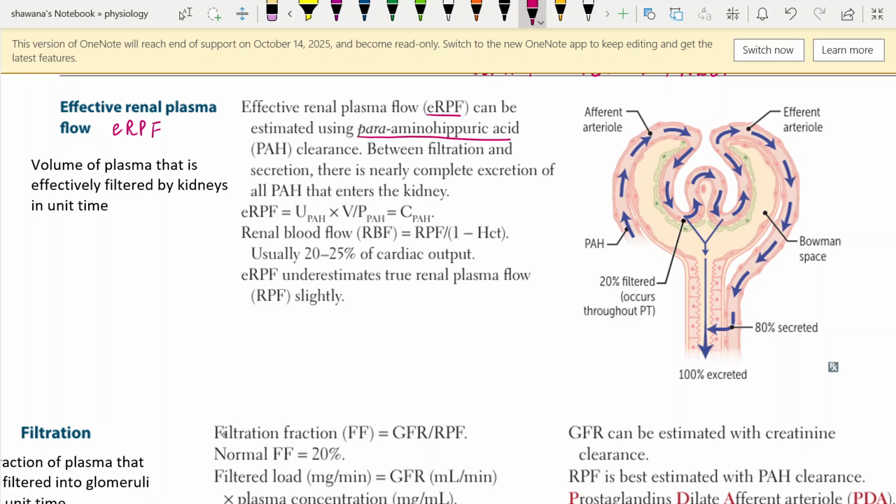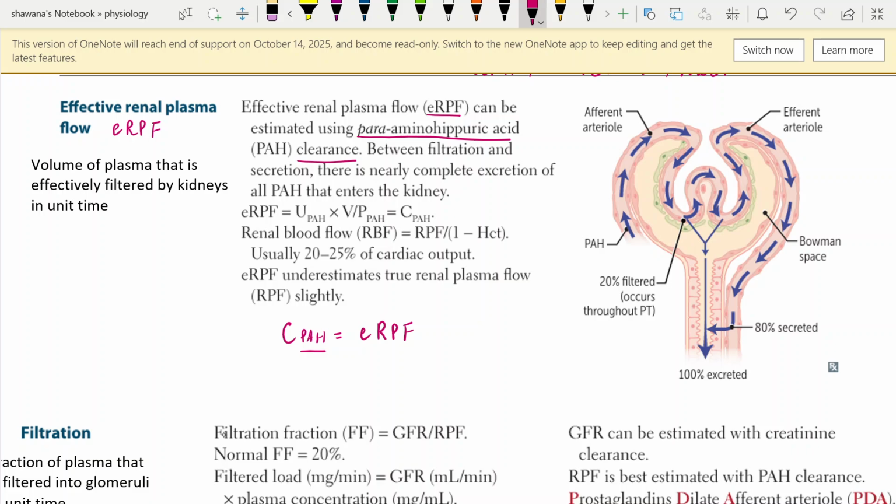The clearance of para-aminohippuric acid is used to estimate the effective renal plasma flow. And what clearance substance is used to measure the GFR? It was inulin clearance, right? It was inulin clearance, but para-aminohippuric acid clearance is used to estimate the effective renal plasma flow.